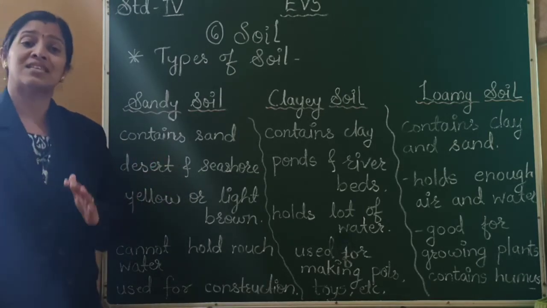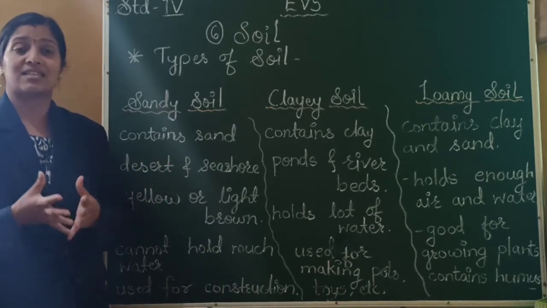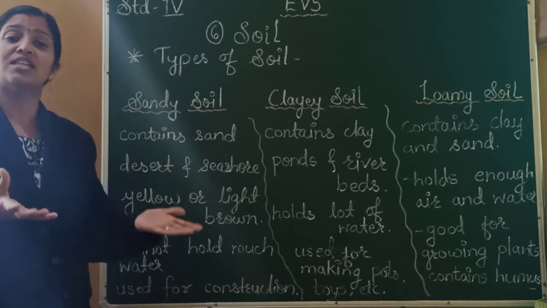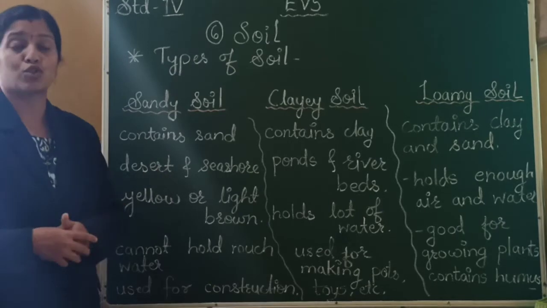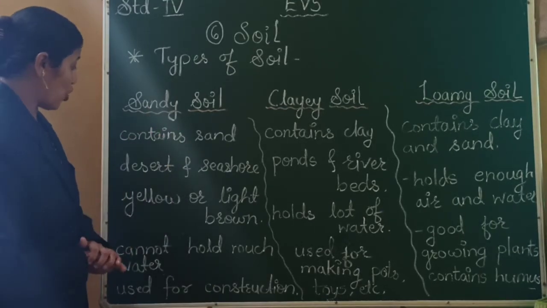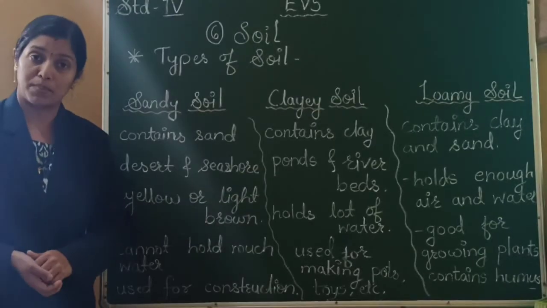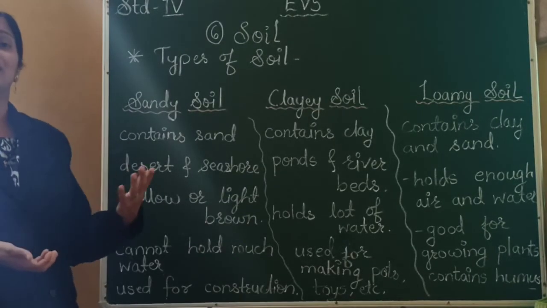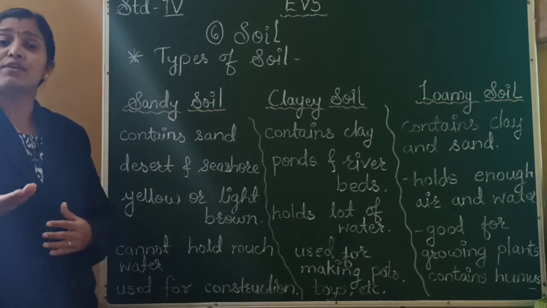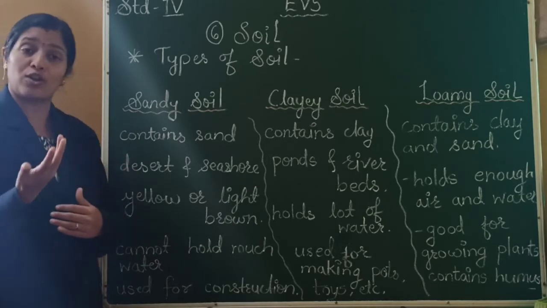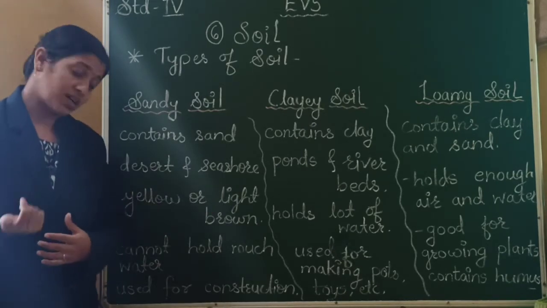The areas near the seas have such type of sandy soil, and the desert areas, for example the Thar desert in India, the Sahara desert in Africa, have this type of soil, that is the sandy soil, and the color of this soil is yellow or light brown. You might have come across sandy soil or sand many a times. Have you ever observed the color of this sandy soil? Yes, it is yellow or light brown in color.